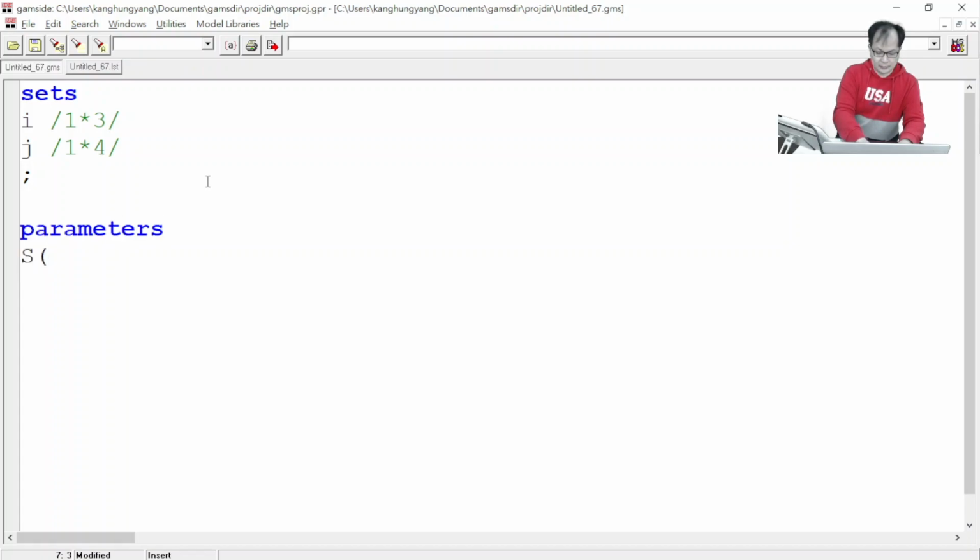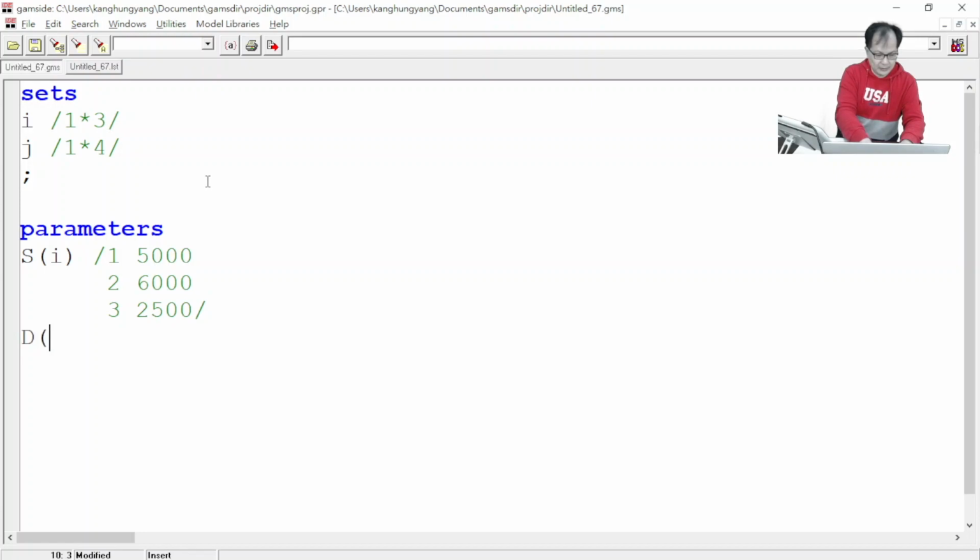We have supply I for the first plant, the capacity is 5,000. For the second one is 6,000, and the third one is 2,500.